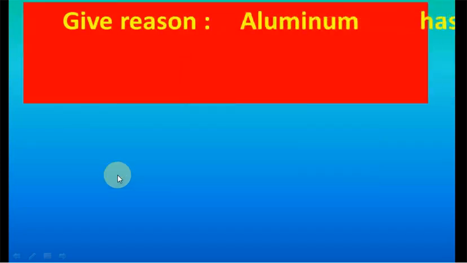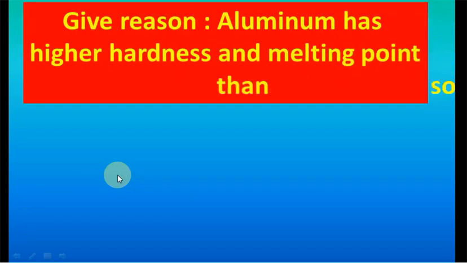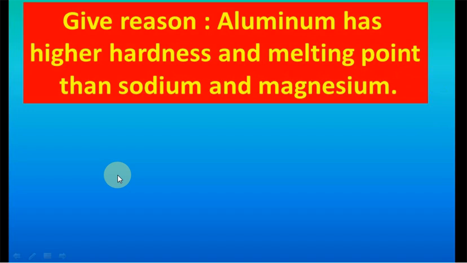Give reason. Aluminum has higher hardness and melting point than sodium and magnesium. Aluminum has the electronic configuration of 2, 8, 3. The valence electrons are 3. Sodium is 2, 8, 1. Valence electrons are 1. Magnesium is 2, 8, 2. The valence electrons are 2.